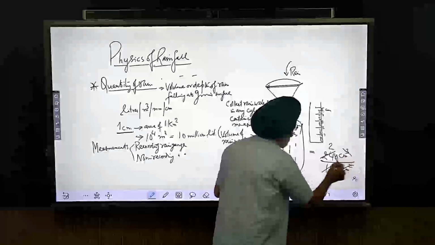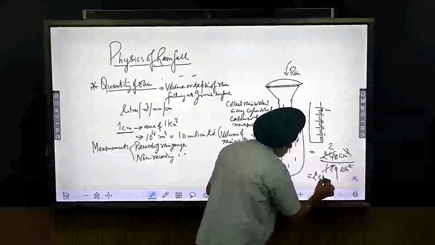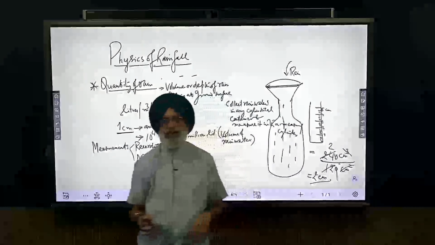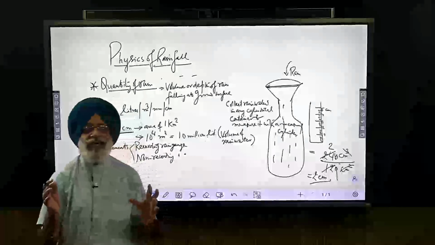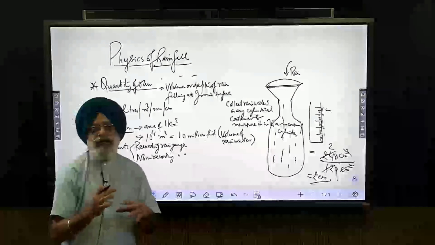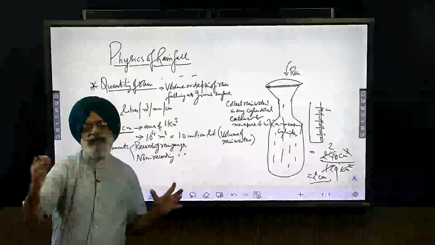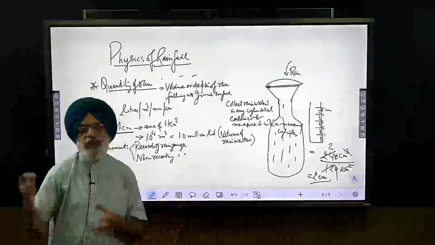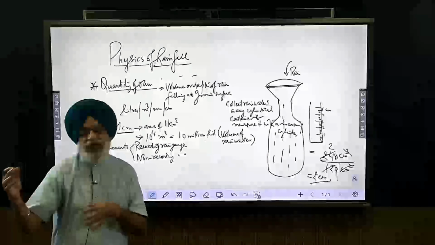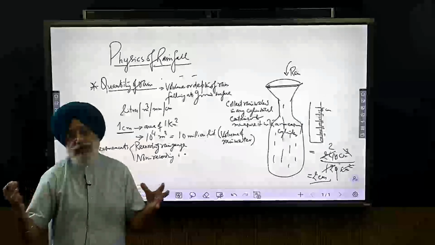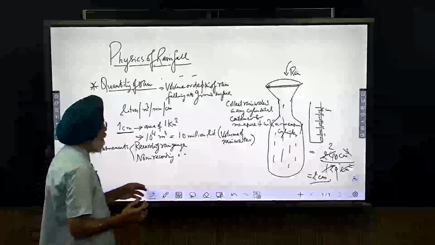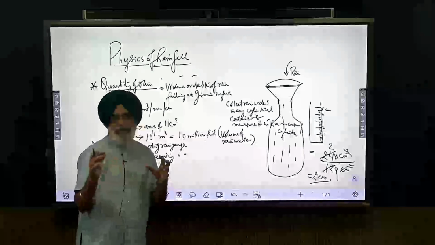So, this comes out to 2 centimeters. That means 2 centimeters of rain has been recorded. Then you can calculate the volume of rainwater over different areas, say 1 acre, 2 acres, 10 acres, 1 hectare, 100 hectares, 1 square kilometer, whatever you want to calculate. So, that is why depth units are more important.